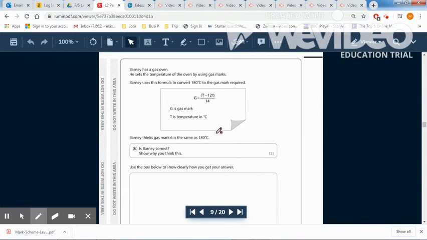So all we need to do is say T, or the temperature, is equal to 180 degrees. And then we're just going to substitute that into this formula and see what gas mark we get out. So I've just replaced the T in the formula with 180, take away 121, and then we're going to divide that by 14.